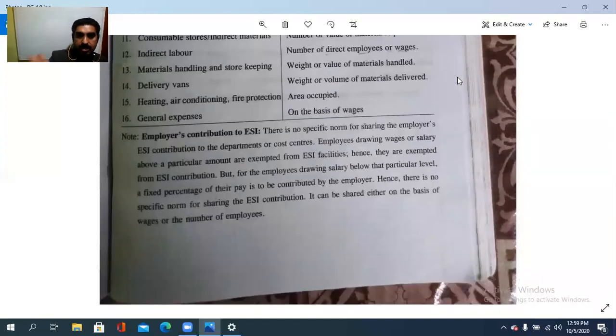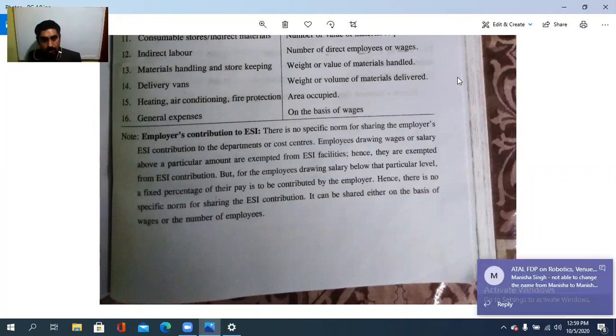There is a note with regard to employees' contribution to ESI. There is no specific norm for sharing the employers' ESI contribution to the departments or cost centers. Employees drawing wages or salary above a particular amount are exempted from the ESI facility, hence they are exempted from ESI contribution also.